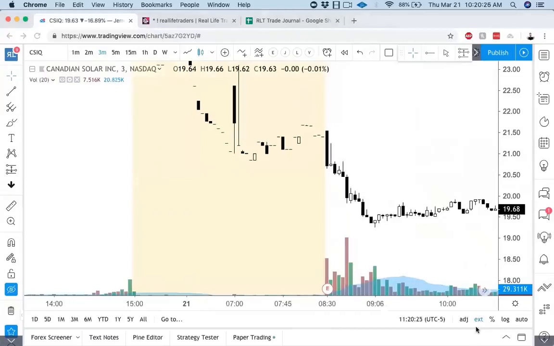Those traders are doing what? At market open. They're buying to cover. Exactly. They're exiting their position by buying. And that's going to create demand. Any questions so far?